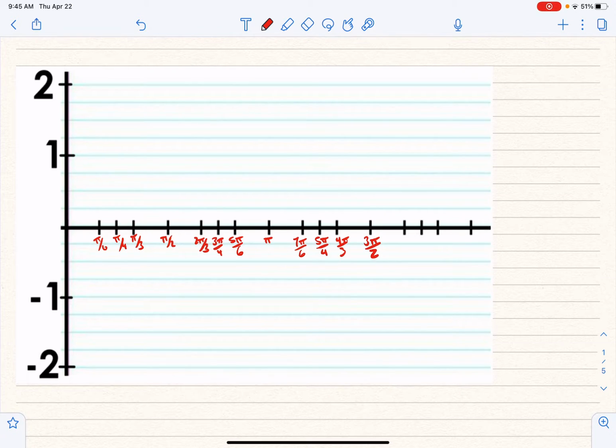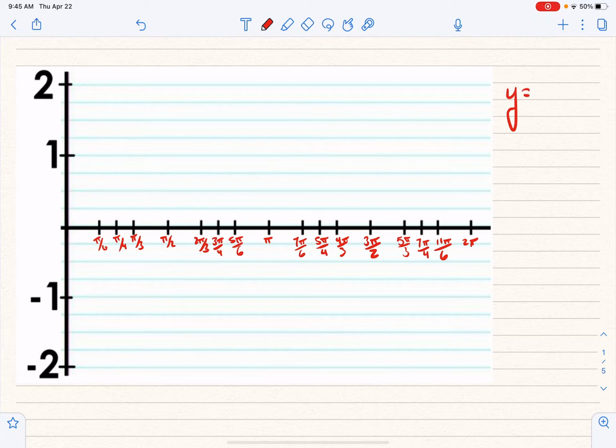Now we're back into the pi over 3s. So we're at 5 pi over 3, 7 pi over 4, and 11 pi over 6, and you make it all the way back to 2 pi. Okay, I'm not going to write those down for each one to save time for this video, but I want to just talk about the basics.